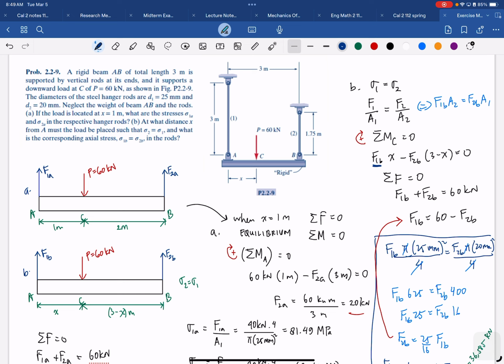But if somehow during the examinations you feel that the question is not too straightforward or a little bit confusing, you just let me know. Okay? Let me know during the exam.